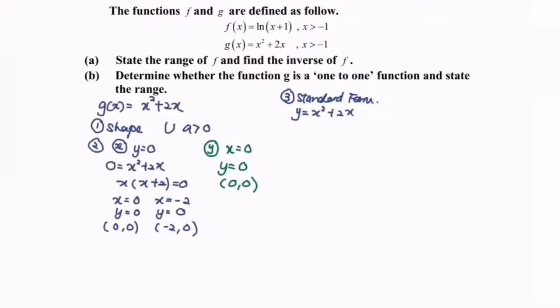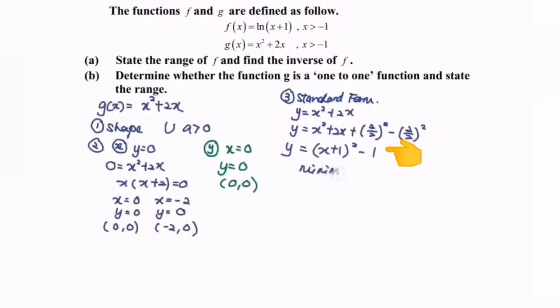Now we have to complete the square. y is equal to x squared plus 2x plus (2 over 2) squared minus (2 over 2) squared. So we will have (x plus 1) squared minus 1. So we have the standard form. From this part, we can note that the minimum point will be negative 1, negative 1.